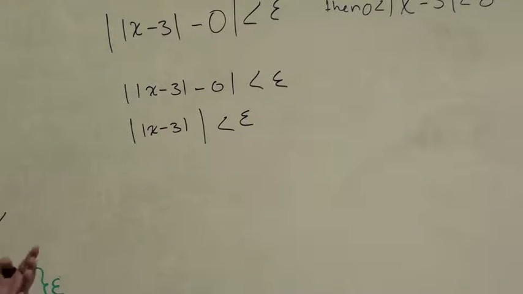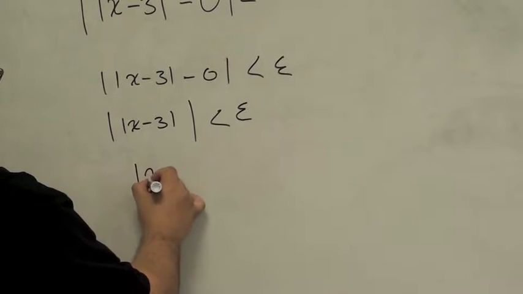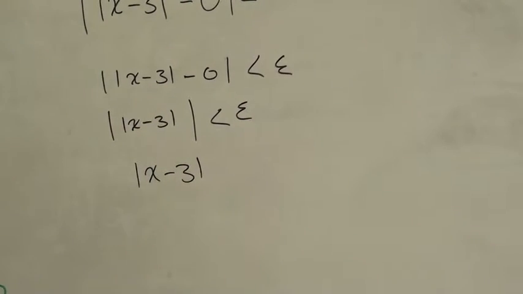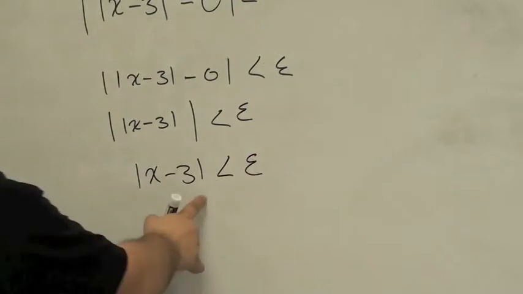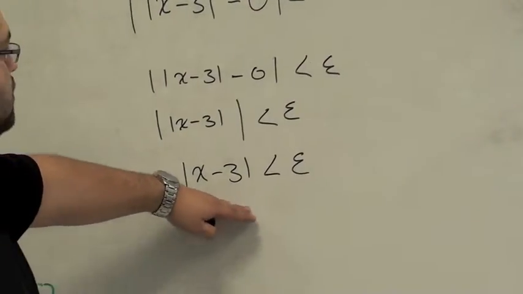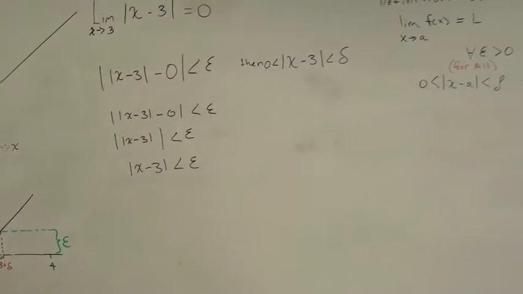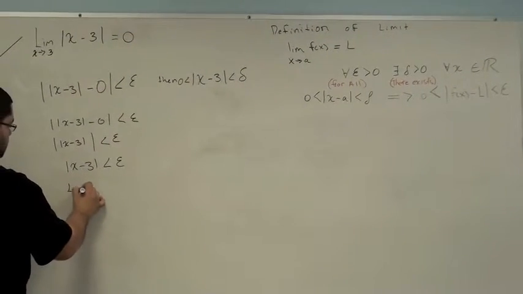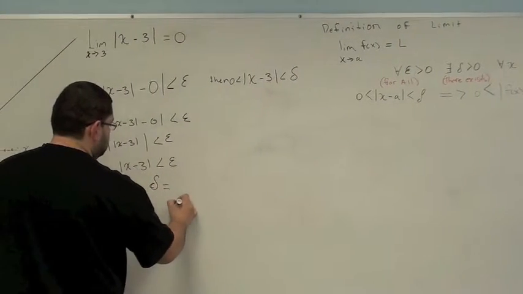The absolute value of an absolute value is an absolute value, so this is the absolute value of x minus 3, less than epsilon. So if we compare epsilon with this definition here for delta, we can let delta be equal to epsilon.